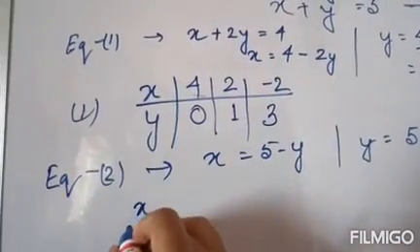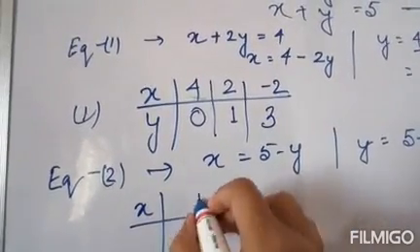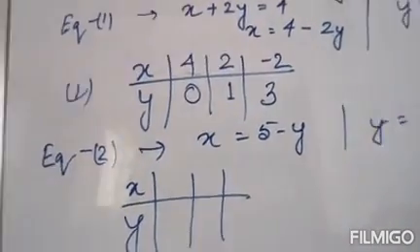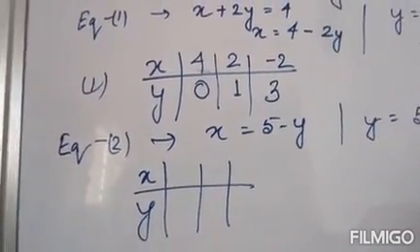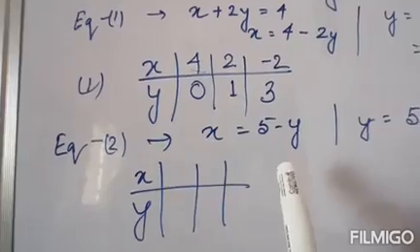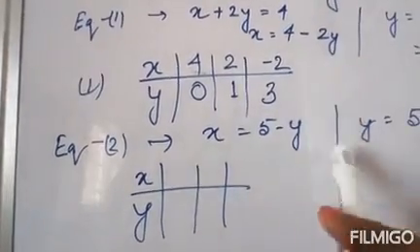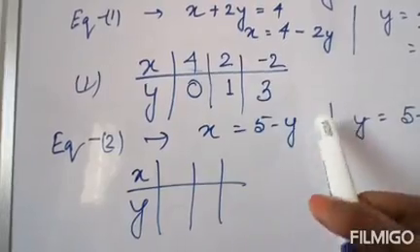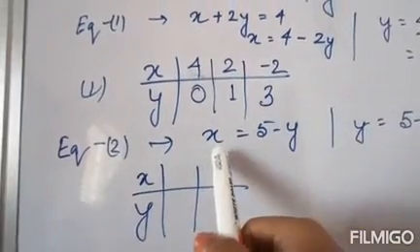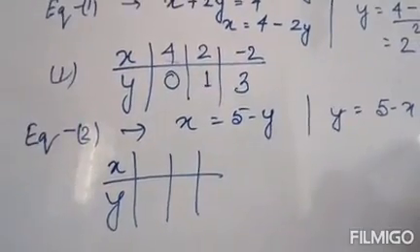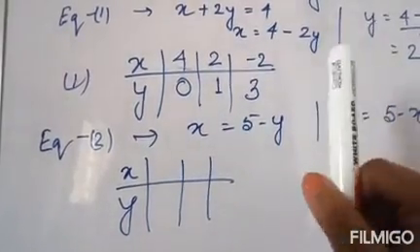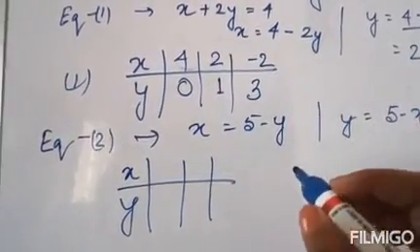So again we'll draw columns for x and y and find out. But remember, if you take x as the subject of the formula, you will always assume y's value and substitute, and you will get x. You have to choose one from the beginning itself.